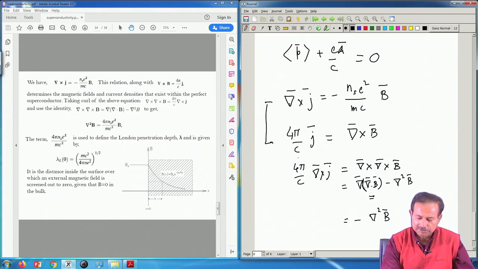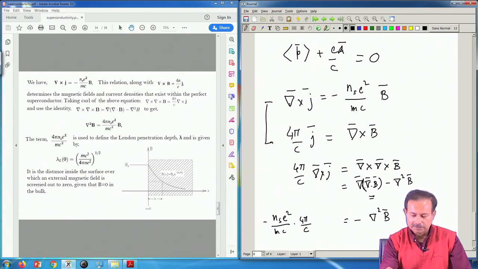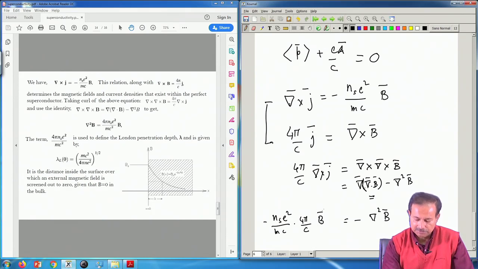Now, we know that curl of J is minus n_s e^2 by m c. So, just multiply both sides by 4 pi by c and see what happens. Minus n_s e^2 by m c into 4 pi by c, right, into B is then this.